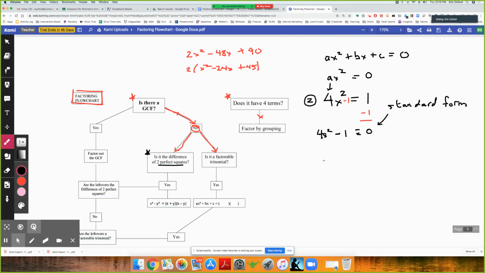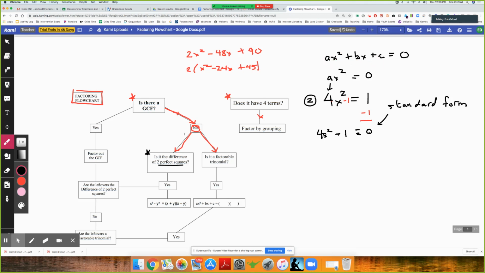Okay, we're back, and we decided to put this equation into standard form. So now we have 4x squared minus 1 equals 0. And so it is in standard form. It does not have a b term. It has an ax squared term, and it has a c term.